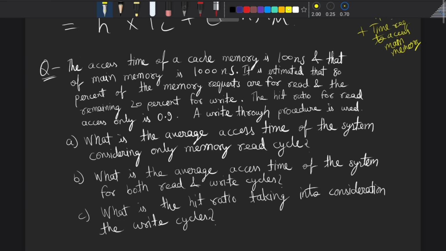So first of all, what is a write-through procedure? There are two procedures for writing to a memory: write through and write back.